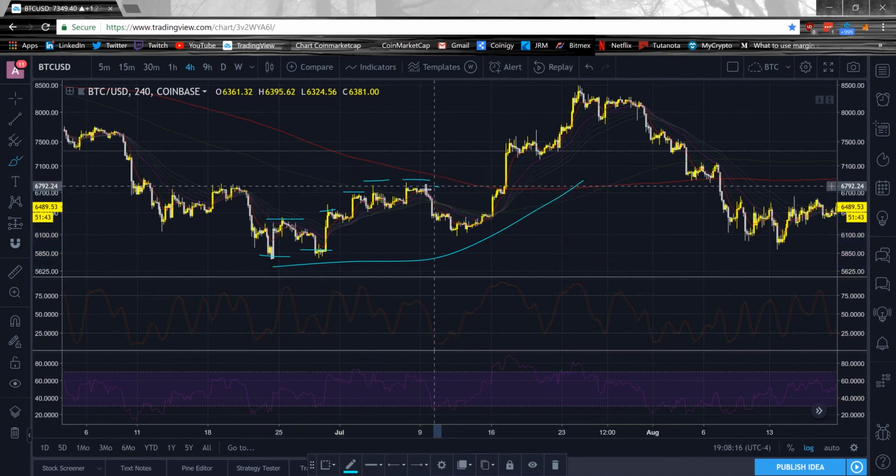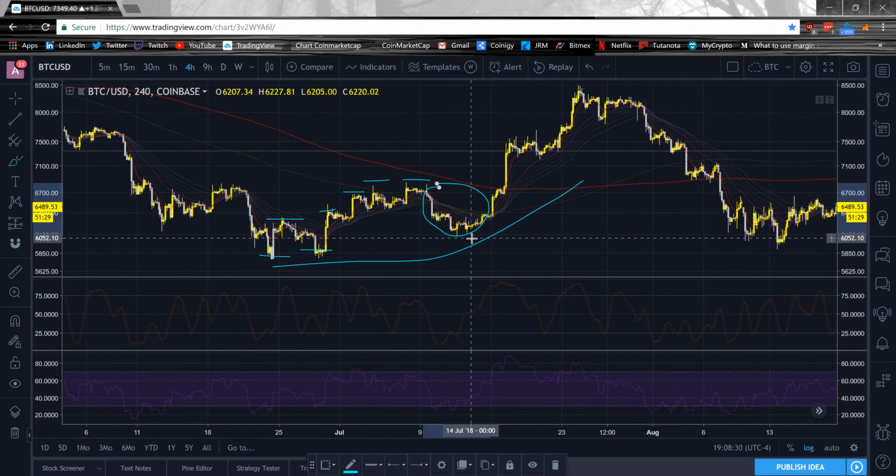But right here on a lower time frame, we definitely have a downtrend. So the play in here is shorts. If you're looking to long this pullback in an intermediate-term uptrend, then you're buying counter to the lower time frame trend.